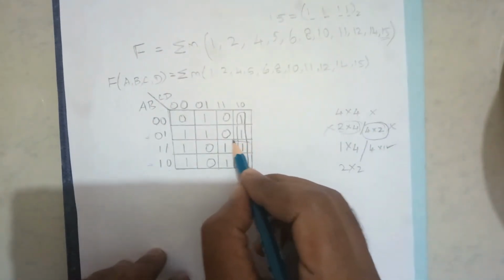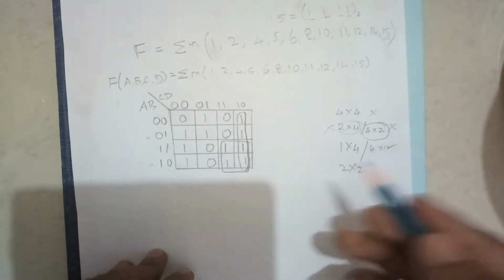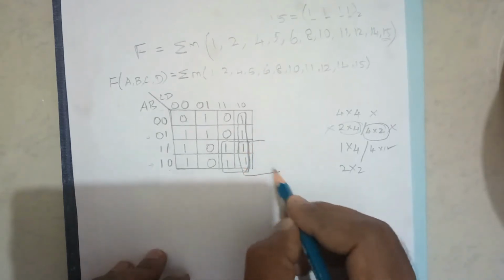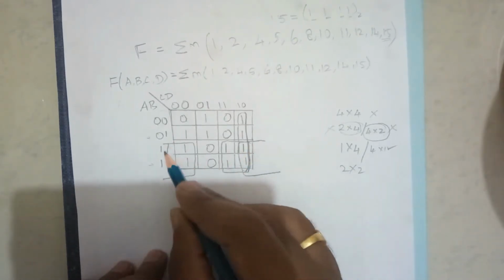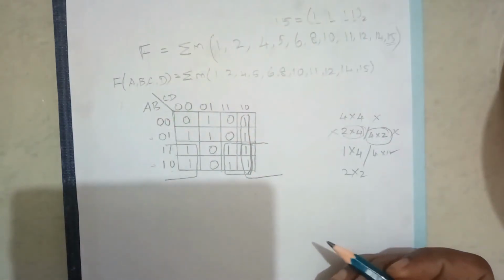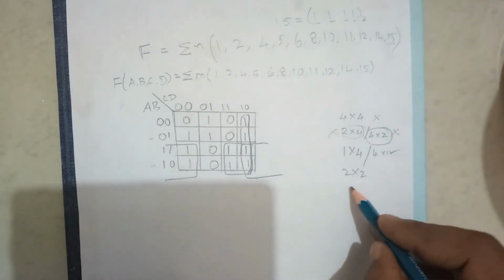But for this case I can group like this. Is there any other option? I can group these 2 rows and these 2 columns together. Any other operation possible? No, there is no more possible.